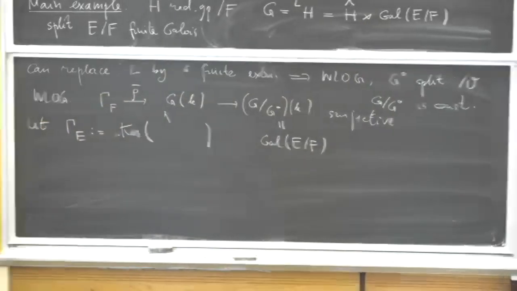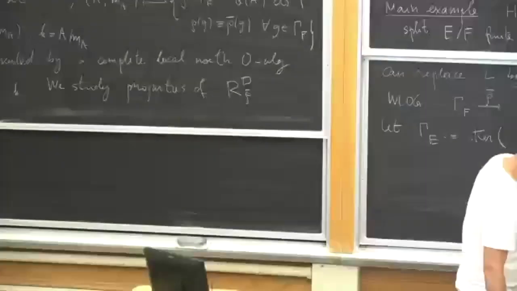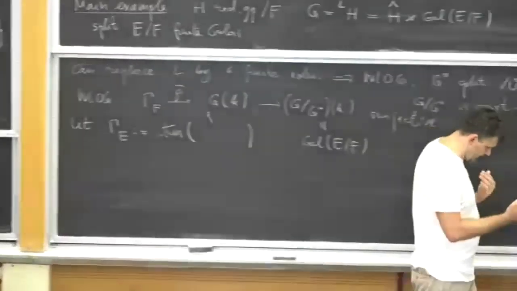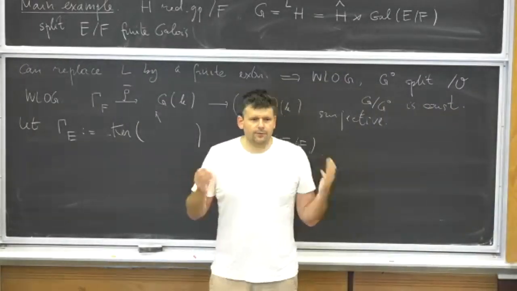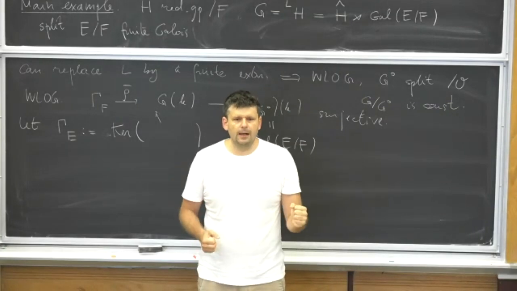Okay. And then the proof proceeds in two parts. As is often the case, there's a torus part and there's a semi-simple part.